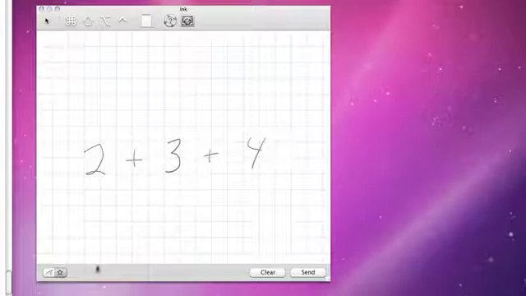In other words, even though we as humans look at this and say, well, it doesn't matter if I do 2 plus 3 is 5, plus 4 is 9, or if I say 3 plus 4 is 7, 2 plus 7 is 9, I'm going to get the same result. But Python has to do it a particular way every time. And so when there are two operators, like these two addition symbols, that are both from the same precedence level, we have to rely on a way to sort of break the tie.